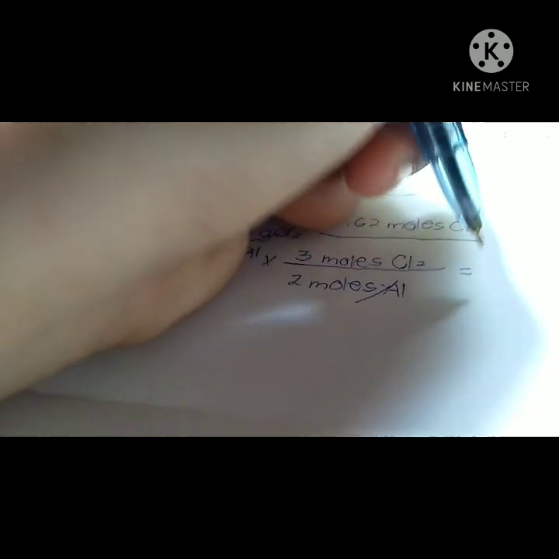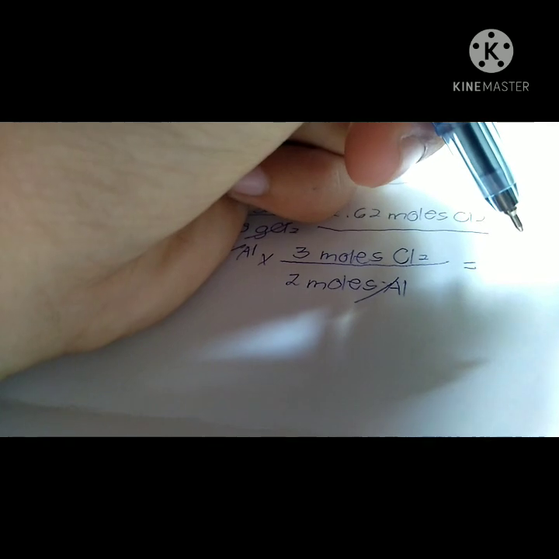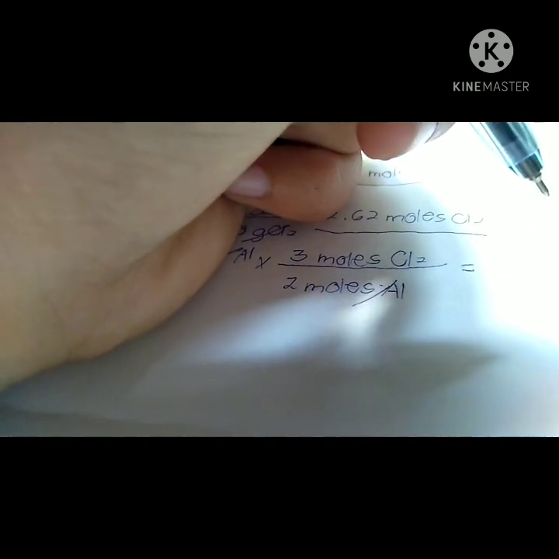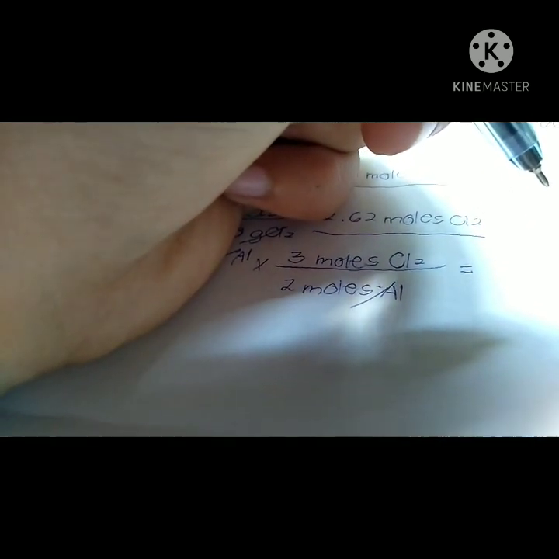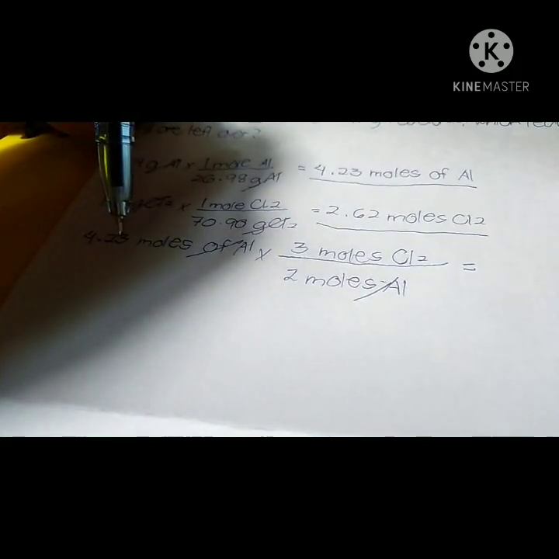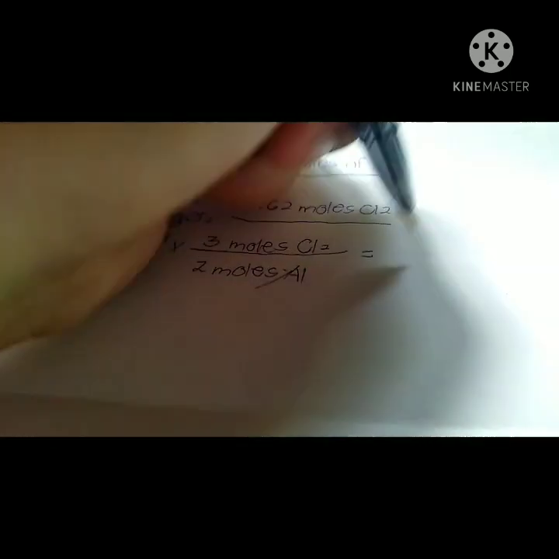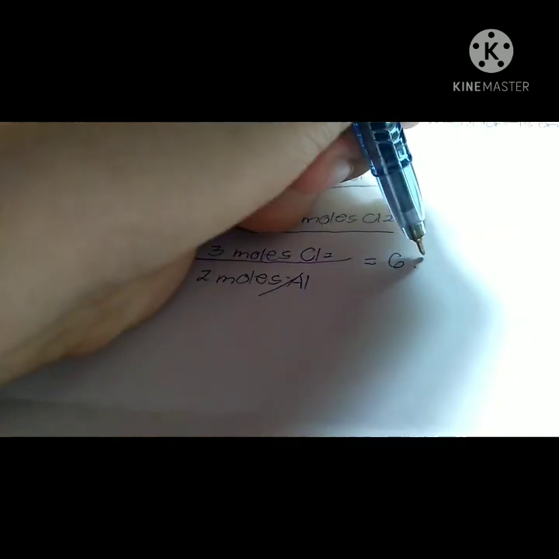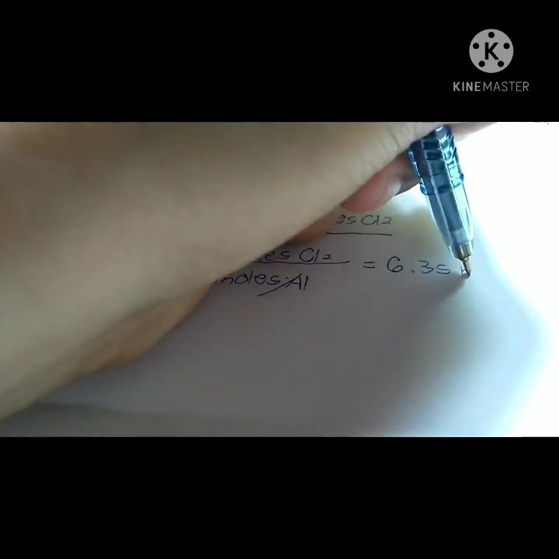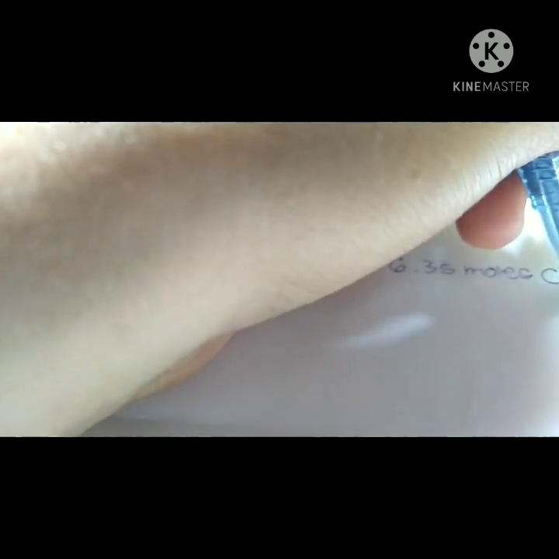As you can see, we're going to be converting to Cl2 because the moles of aluminum cancel out. So 4.23 times 3 divided by 2. The answer is 6.35 moles Cl2.